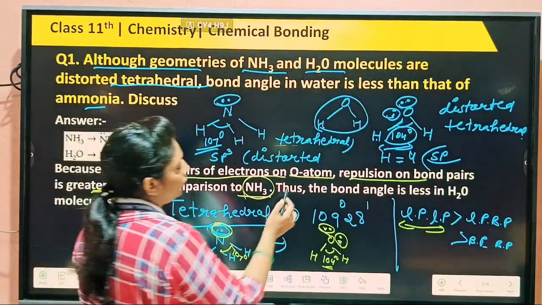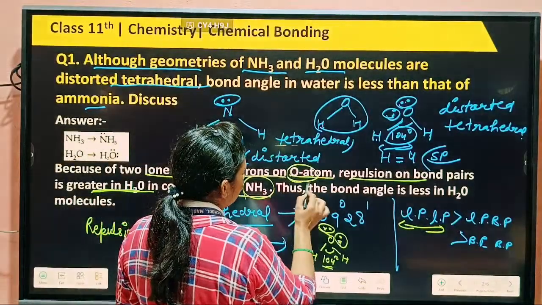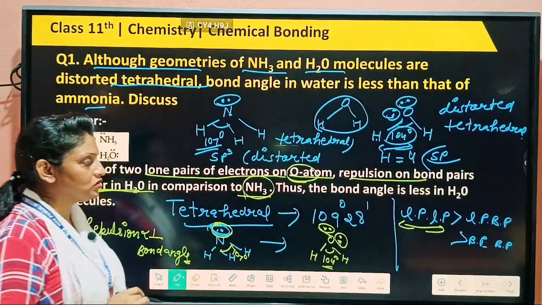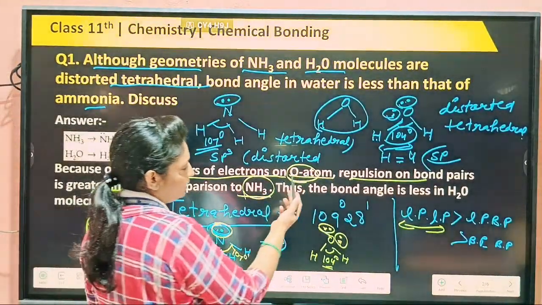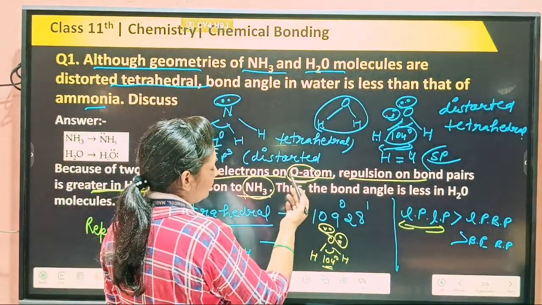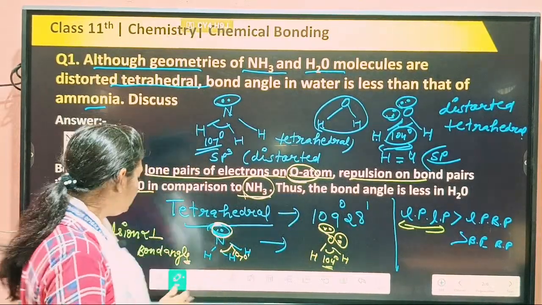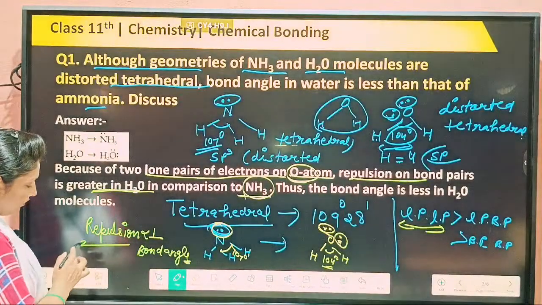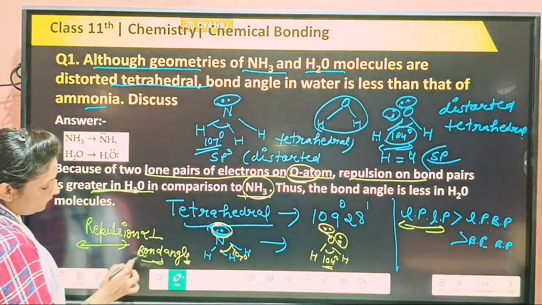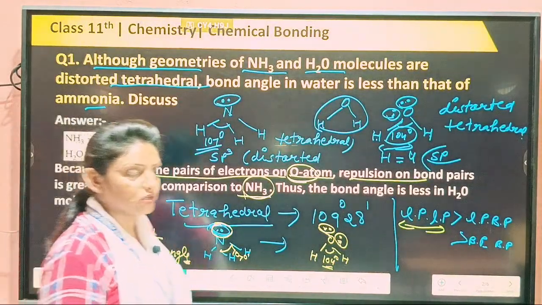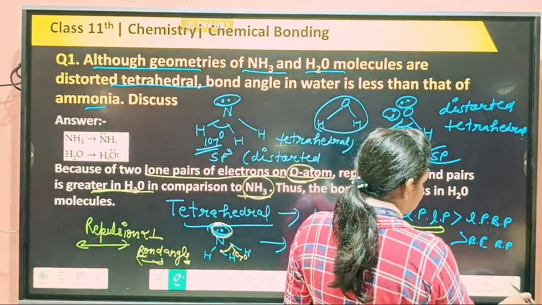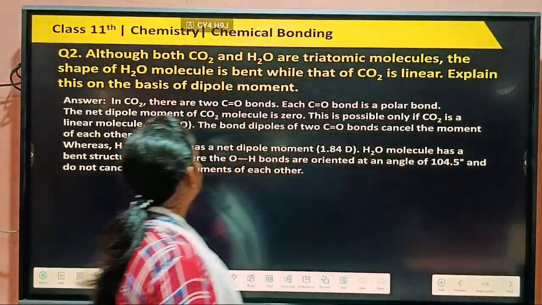But in case of water, there are two lone pairs on the oxygen atom, so lone pair repulsion is greater as compared to lone pair-bond pair repulsion. And if repulsion is greater, then the bond angle will be smaller. I hope this question is clear to you. Let's see question number 2.